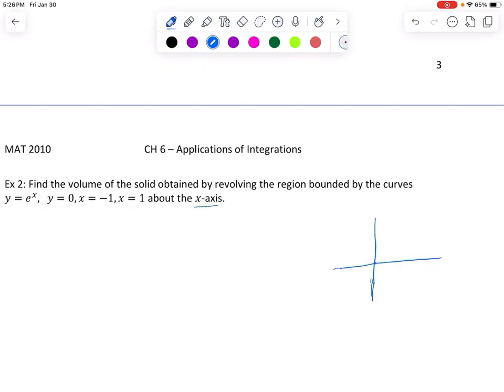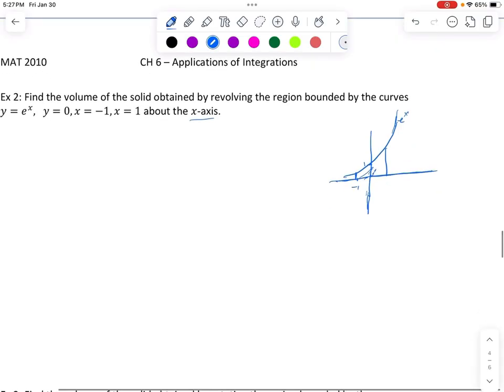So we have the function y is equal to e to the x. This is 1. So this is e to the x. And then y is equal to 0 means the x-axis. x is equal to -1, so somewhere here we will have -1. So we put that line, and x is equal to 1. We have 1. So this is our piece.